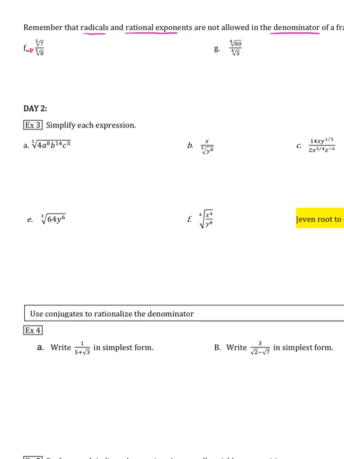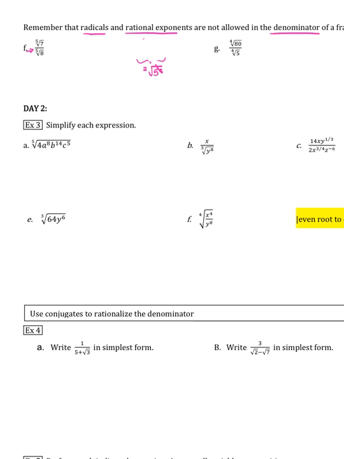Let me relate this to something. If I had given you 3 over the square root of 5, remember there's a 2 there. The reason why we multiplied by rad 5 over rad 5 is because those became 5 squared. It gave us 2 of them. Remember, when your root and your power are the same, they cancel each other out.